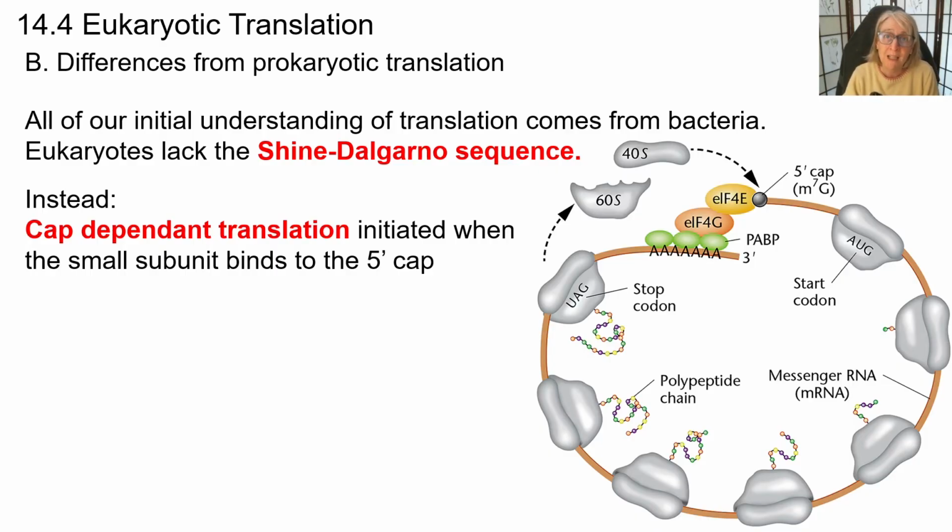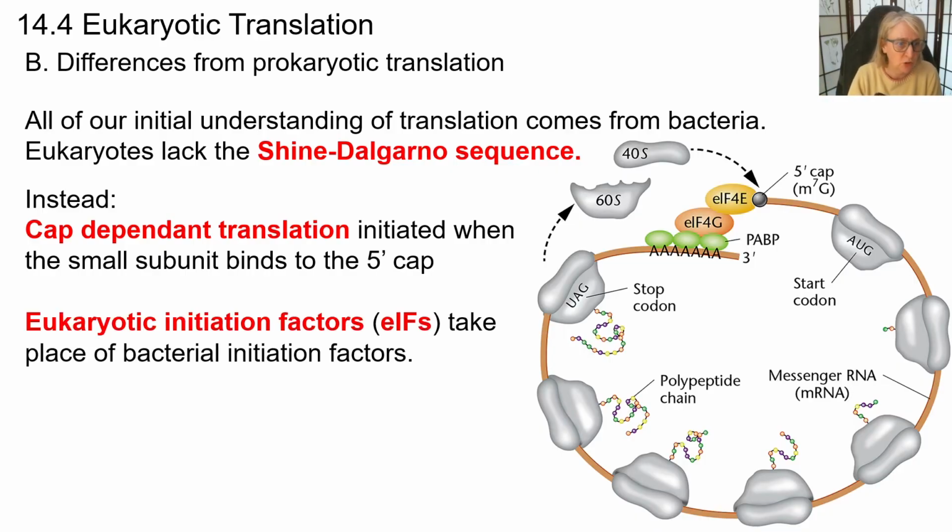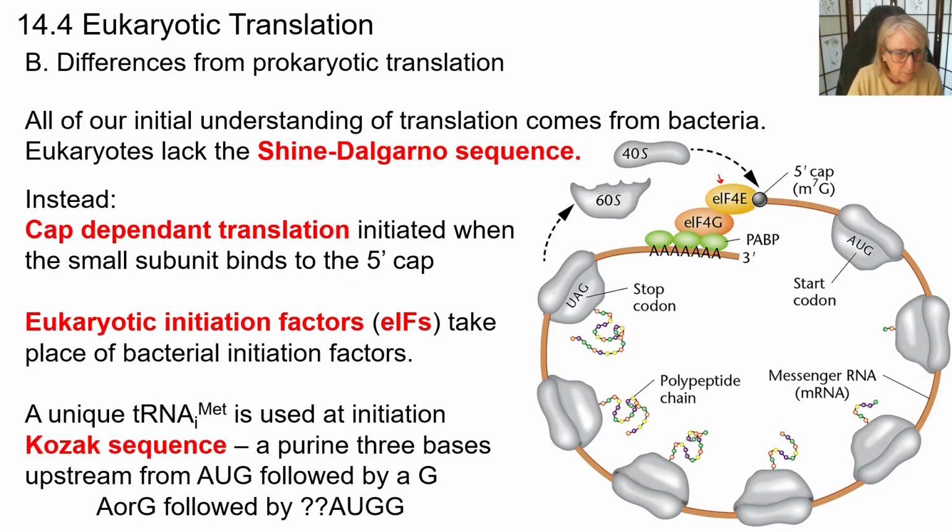That 5' cap is essential in binding to the ribosome and placing that mRNA in the right orientation and also getting the process started. As the cap binds into the small subunit of the ribosome, the cap slides along and eukaryotic initiation factors, eIFs here, bind to the cap site.